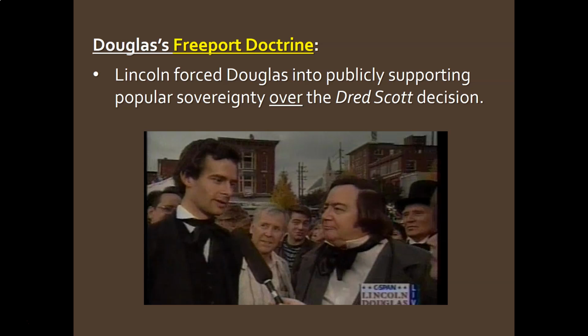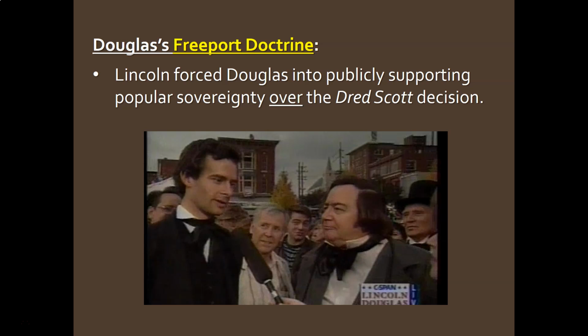So popular sovereignty or Dred Scott, which one do you favor the most? And he knows that no matter which side he chooses, Douglas is going to really tick off a lot of voters. And in the end, Douglas ends up having to support popular sovereignty, and Dred Scott is left by the wayside.